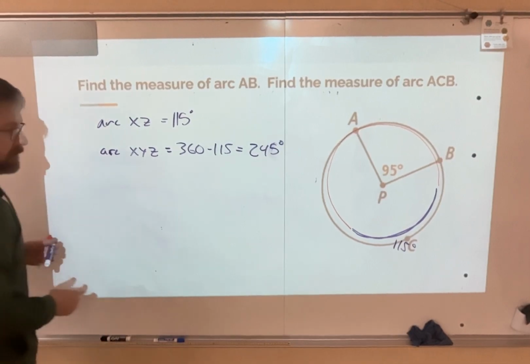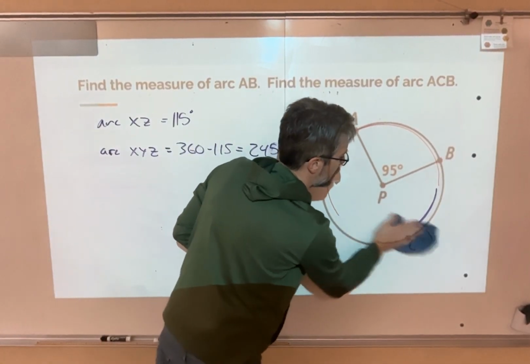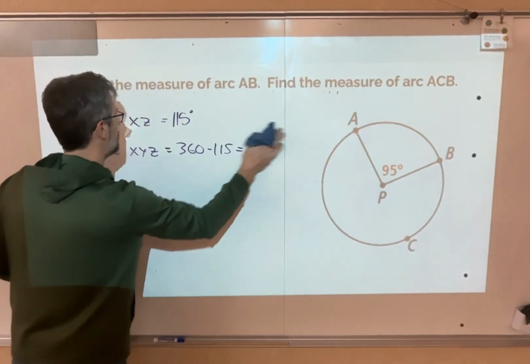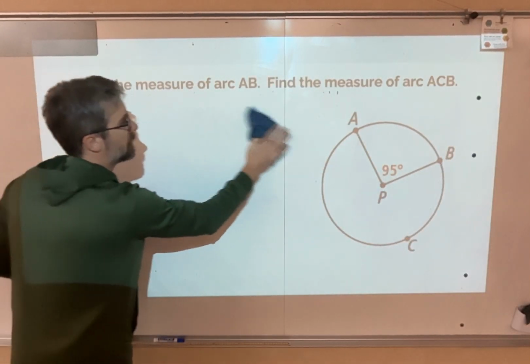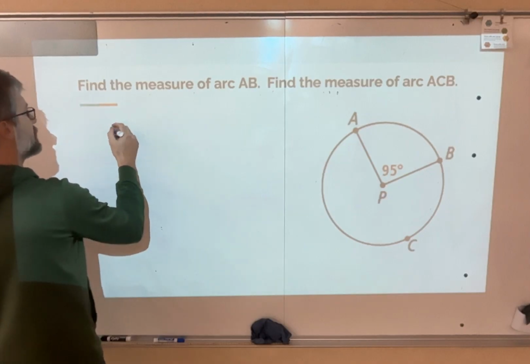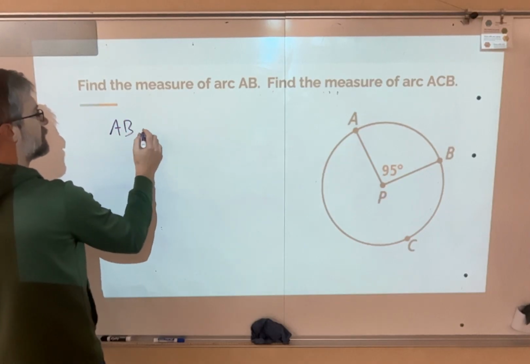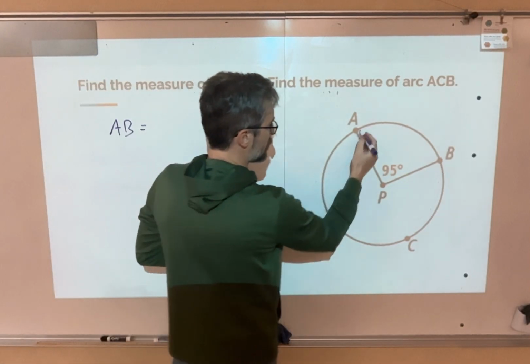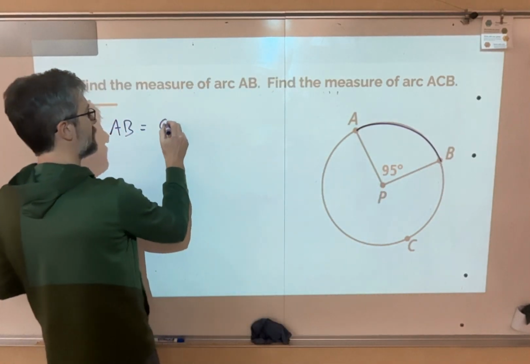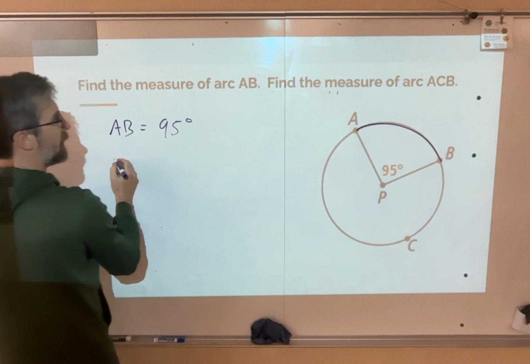All right, similar on this one. We've got arc AB and ACB. So AB is the short distance, and so that matches that central angle of 95 degrees.